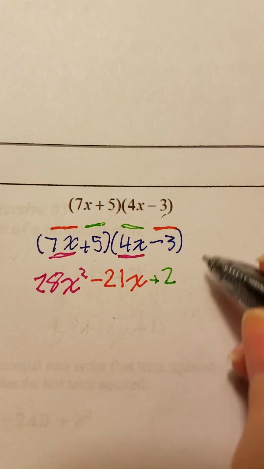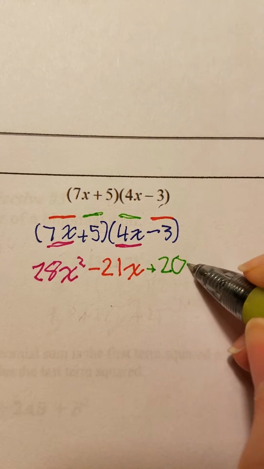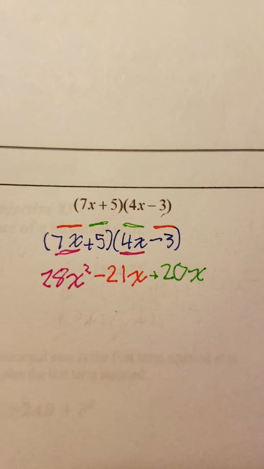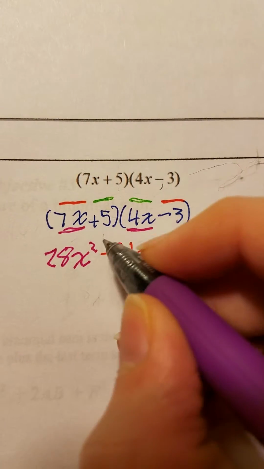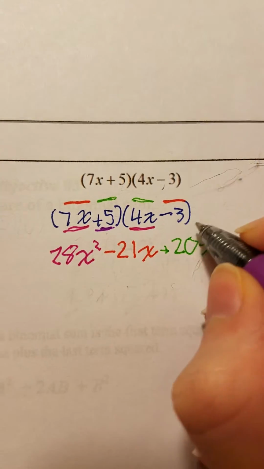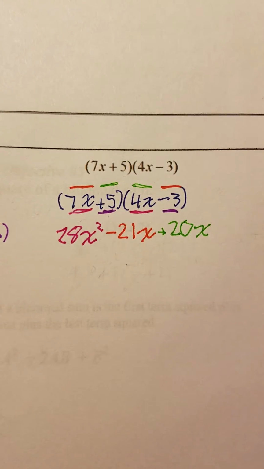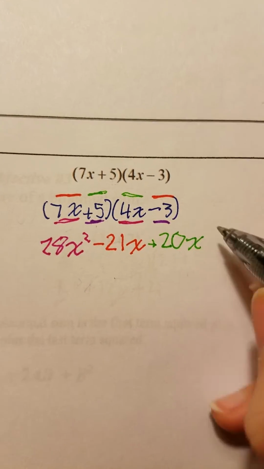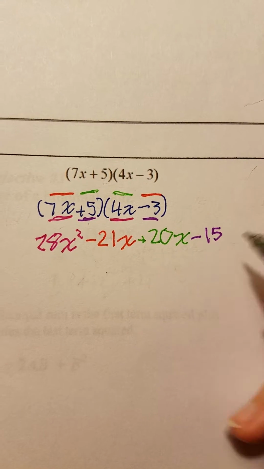And that one doesn't have an x, so you just put your little x down here with it. And then last. From your last, you have this 5 and negative 3. What is 5 times negative 3? 5 times negative 3 is negative 15.